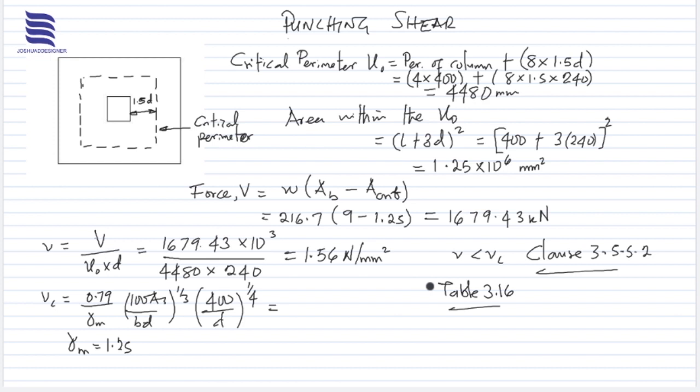So all right, if you have rightly done that, you should have a value of 0.68 Newton per millimeter square, right? Or I think 0.69.